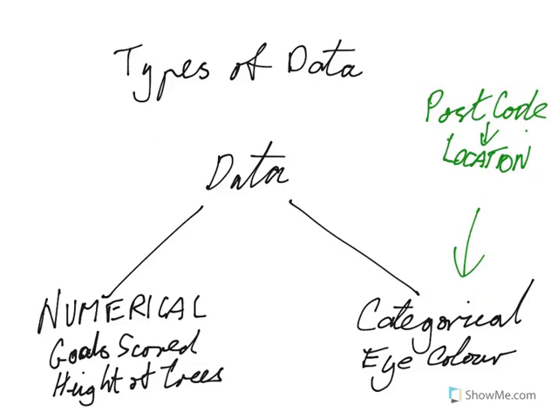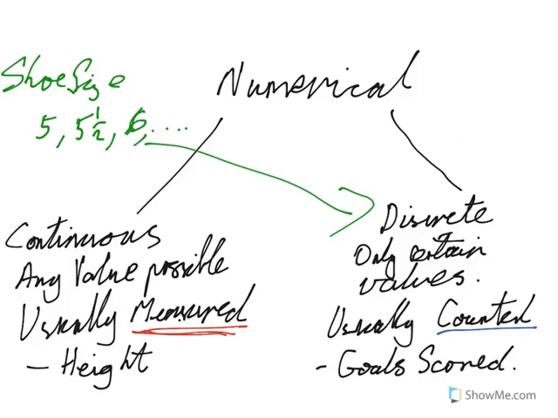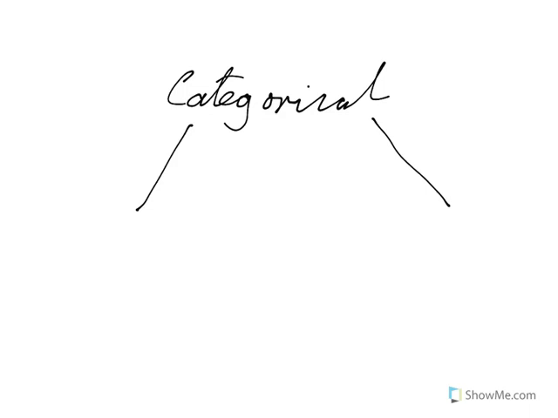All right, so that's the numerical. The other one is the categorical data, so categories. So let's look at that. Again, that's split up into two types. One is ordinal. So there's an order, something like a fitness level.